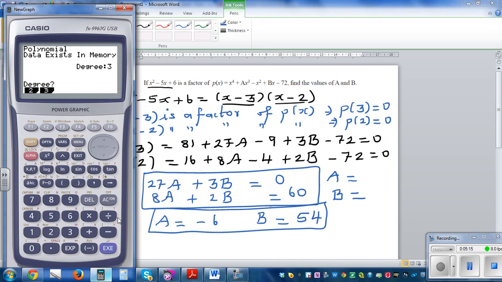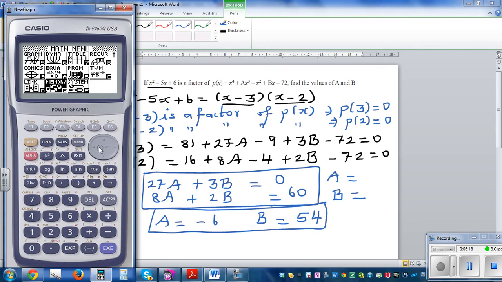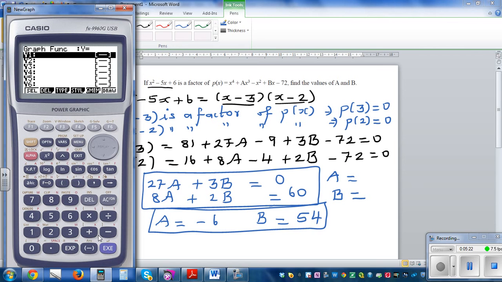Okay, so let's go to graph. I like always to check my answer. So go to graph and let's type in this equation. So x raised to 4, a is minus 6, so minus 6 x cube, minus x squared.